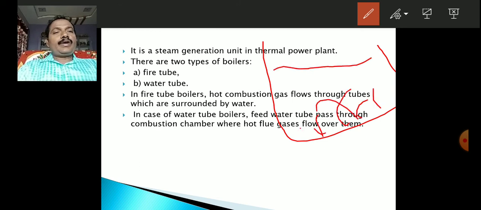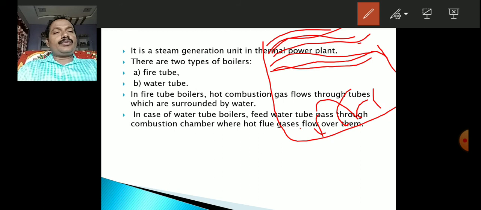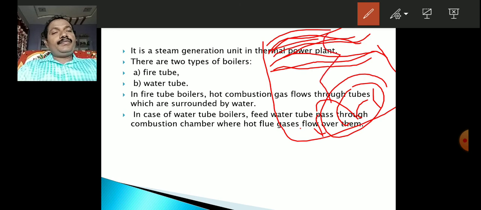So water tubes are like this. The fire produces hot gases which are utilized by the water tubes to heat the water running through them. So this is the water tube boilers working.